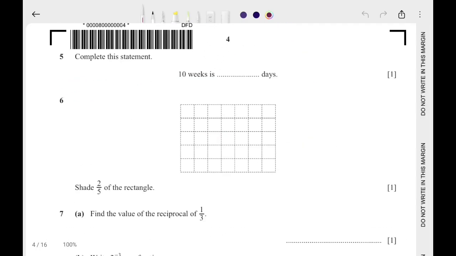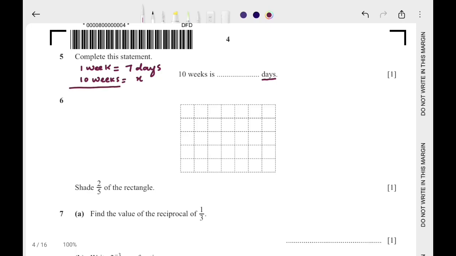Next question. Question number 5. Complete this statement. 10 weeks is equal to blank days. So we know that 1 week is equal to 7 days, and 10 weeks is equal to question mark.